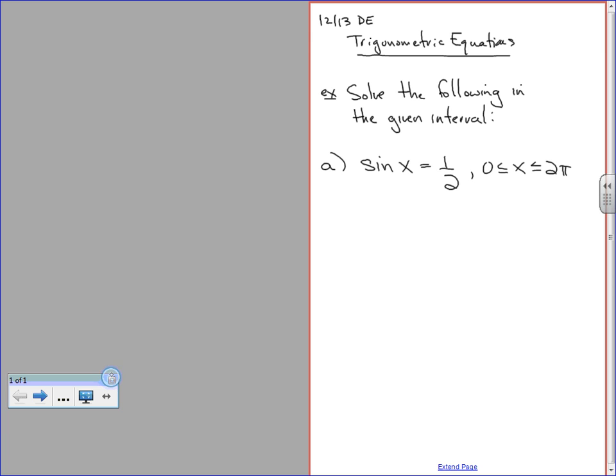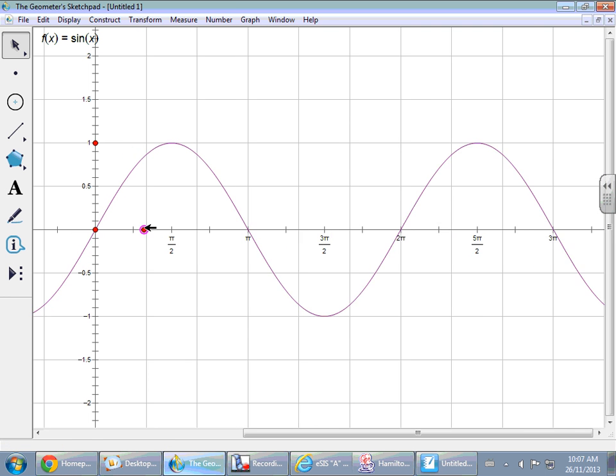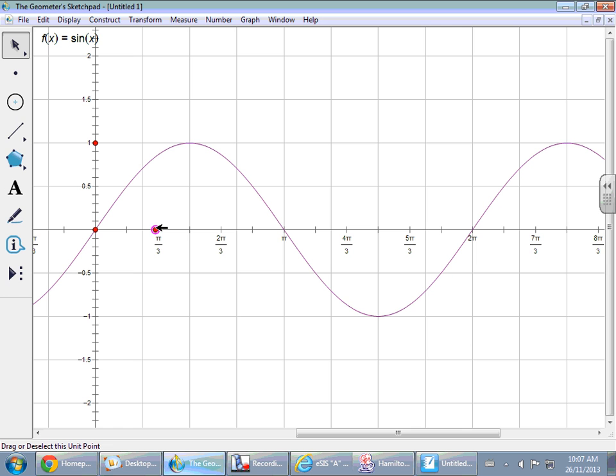Now, if I look at my graph between 0 and 2pi, when is it equal to 1/2? So what value is this, and what value is this? In order to solve that, we are going to hope the smartboard works.